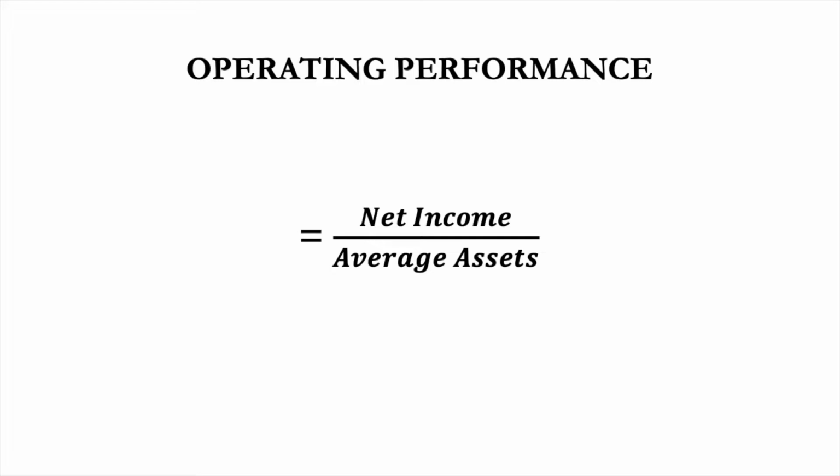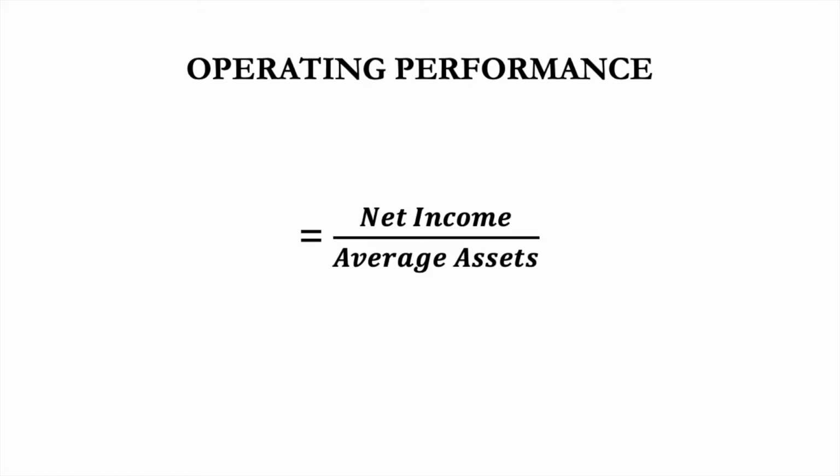Now you may be wondering, what is average assets? Well, think about it this way: when you look at a company's financial statements, let's say the company has a fiscal year that ends on December 31st. The net income value on the income statement represents the total net income accumulated from January 1st to December 31st of that year.